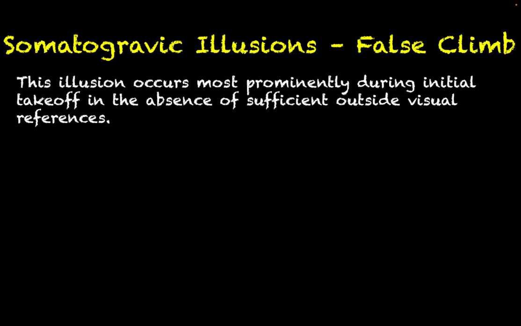Okay, so the first somatogravic illusion we're going to talk about is called the false climb illusion. This occurs most prominently during your initial takeoff in the absence of sufficient outside visual references. So you're either flying in IMC or you're flying at night.